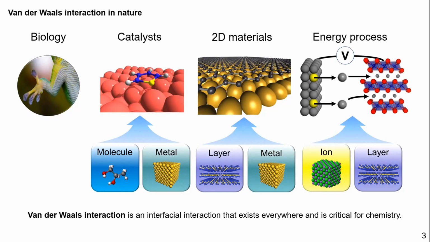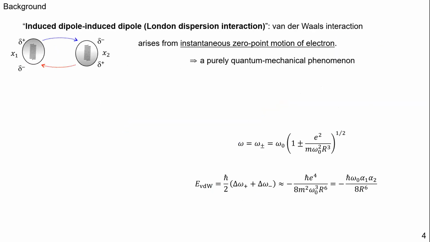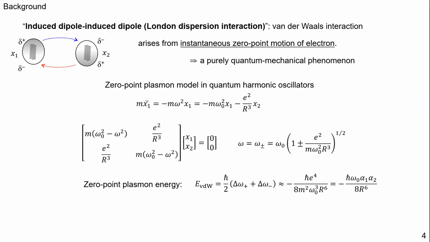These Van der Waals interactions involve not only organic molecules, but also the interactions between the molecules in metals and layered materials, and metals and ionic materials as well. So we need to understand Van der Waals interaction regardless of the dominant types of interactions in these kinds of systems to understand the accurate structures and energetics of the chemical processes.